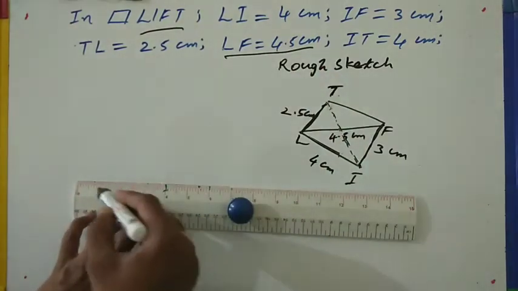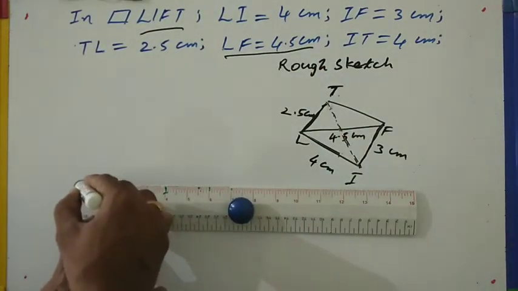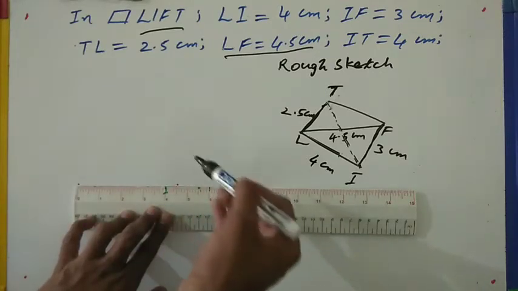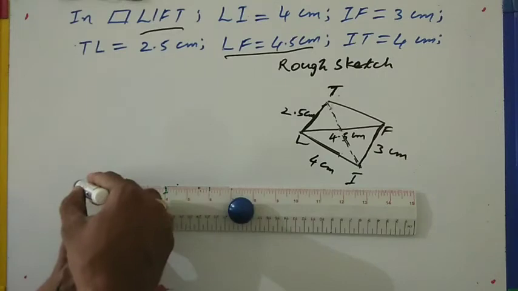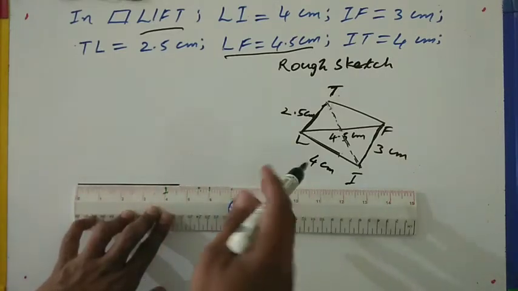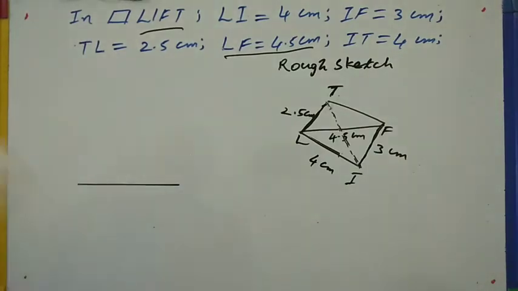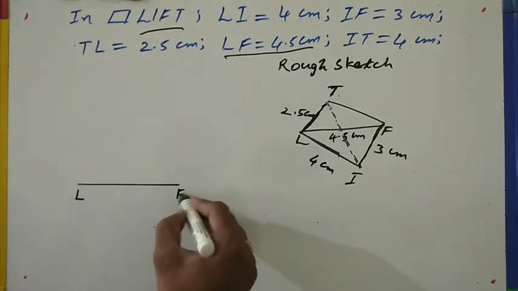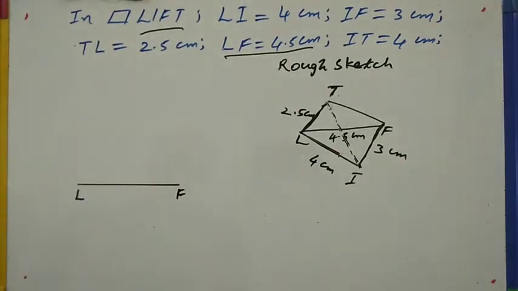So, I am drawing here LF taking 4.5 centimeter as the measure of line segment. I have drawn a diagonal LF. It is of 4.5 centimeter.